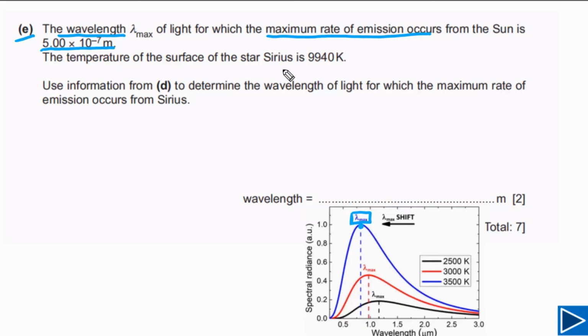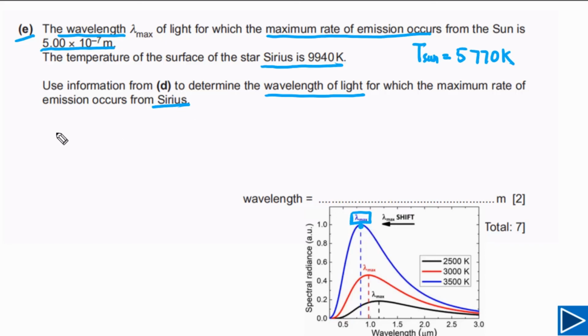Lambda max for the sun is given. And the temperature of the surface of the star Sirius is given. That is equal to 9940 Kelvin. But the temperature of the surface of the sun we have already calculated in part D. That was equal to 5770 Kelvin. We need to find lambda max for the star Sirius.